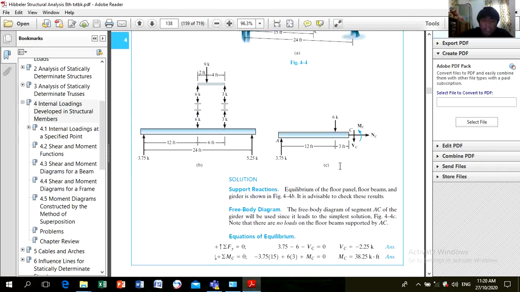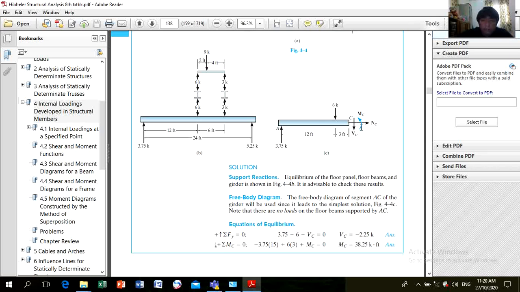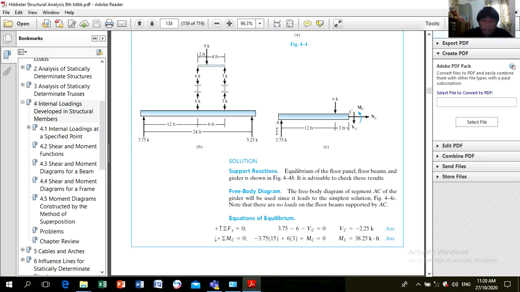Then the same procedure: summation of forces along Y, upward is positive, 3.75 minus 6 minus VC, so VC is 2.25 kips. Then the moment is 3.75 times 15 minus 6 times 3, which will be 38.25 kip-feet.